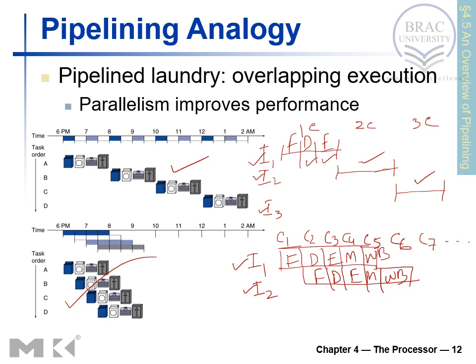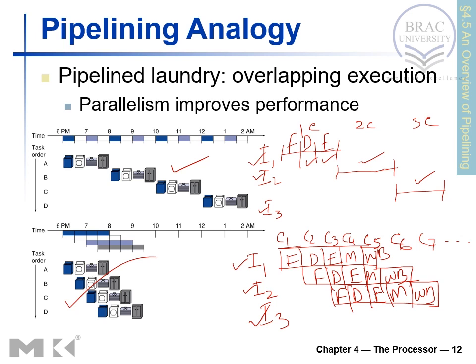Now at clock cycle 3, we can have this kind of scenario: fetch, decode, execute, memory, and write back. Let's say this is clock cycle 3. In clock cycle 3, instruction 1 is performing execution and instruction 2 is performing decode.